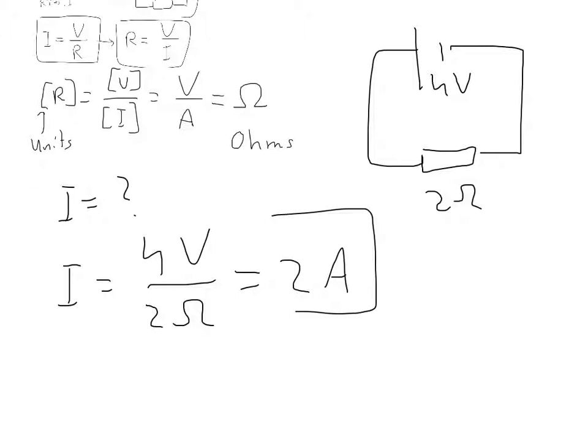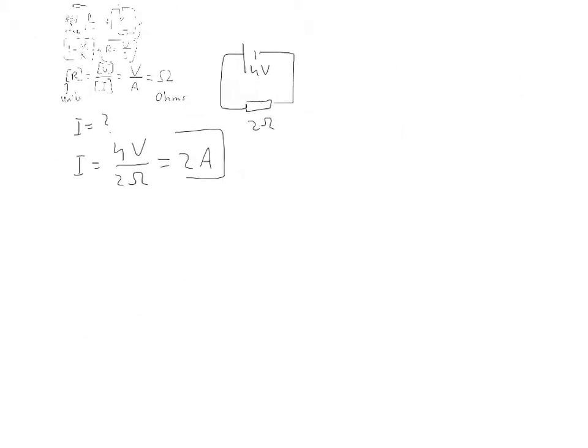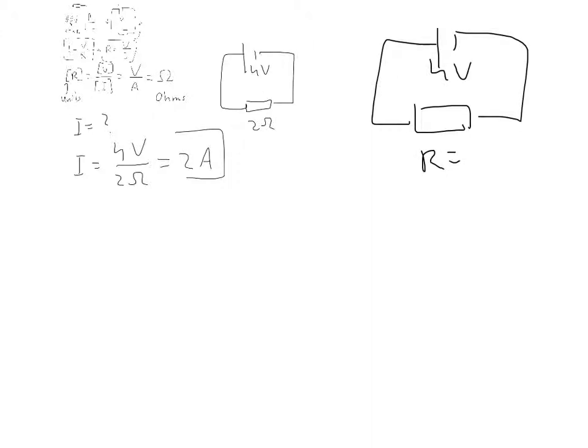Or we could do it the other way around. I could delete this. Okay, well, it doesn't really let me delete this. Sorry, let's do this instead. So I could do this. I could have 4 volts, and I could have a resistance that I don't know, but I could know that the current is 2 amperes. So what's the resistance?